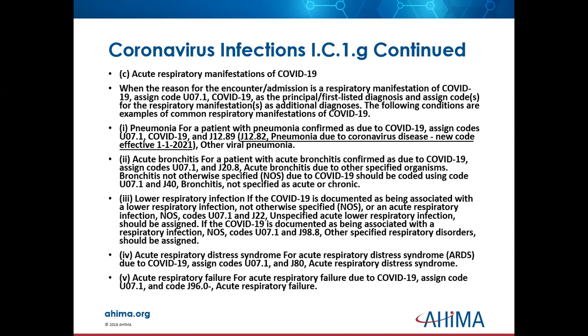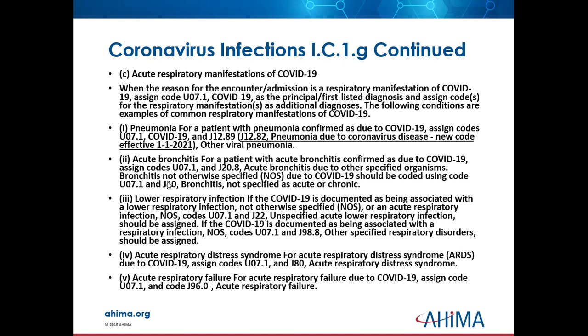So looking at this with pneumonia due to COVID-19, it would be the U07.1 COVID-19 followed by the J12.89. And note that J12.82, pneumonia due to coronavirus, this became effective last year.